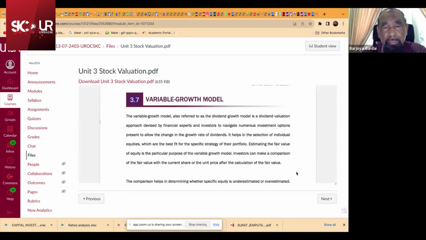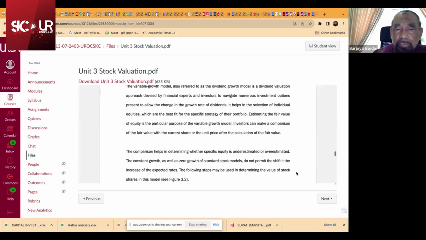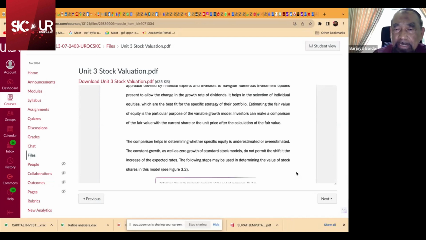Variable growth model, also referred to as the dividend growth model, is a dividend valuation approach devised by financial experts and investors to navigate numerous investment options, allowing for a change in the growth rate of dividends. It helps in the selection of individual equities which are the best fit for the specific strategy of their portfolio.